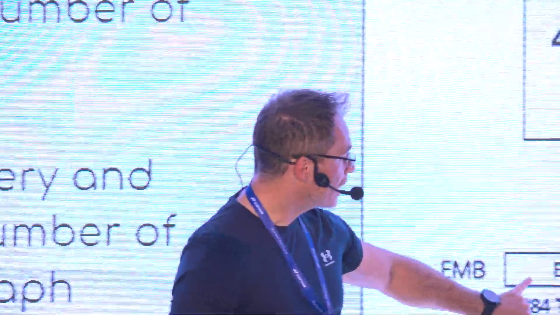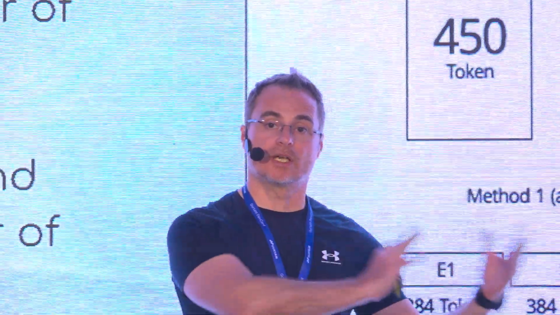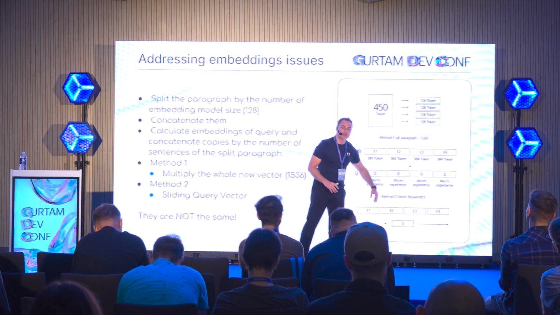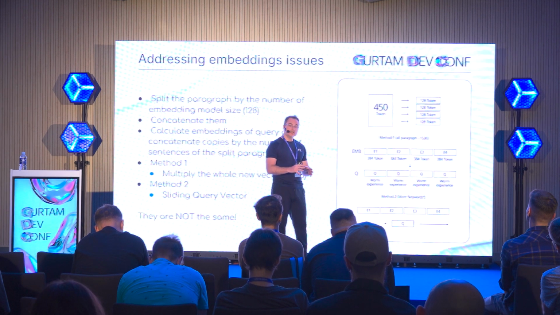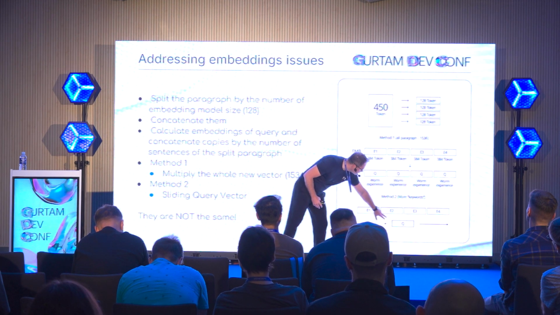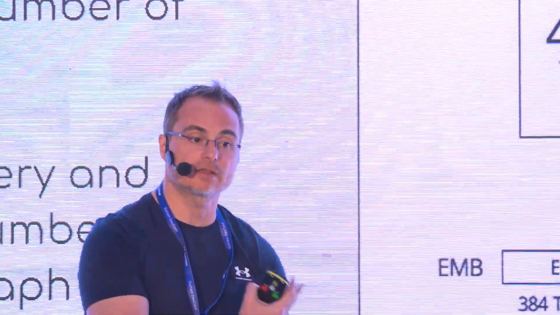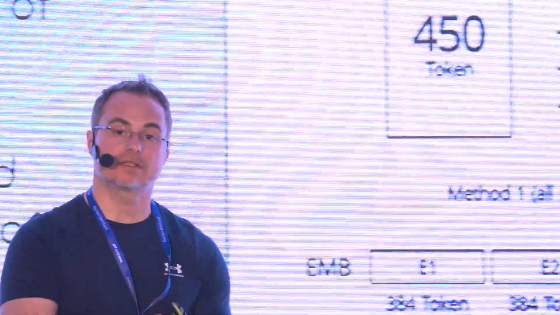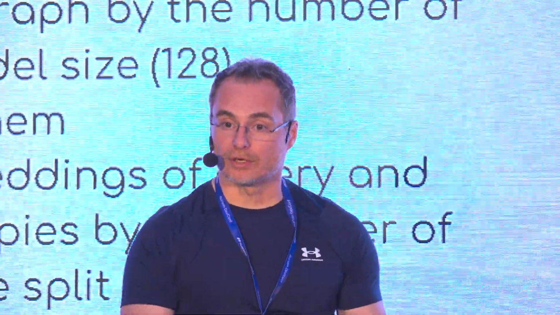What you can do is compare this matrix with method number 1, the sliding window. If you use the sliding window, you compare the query with the first paragraph and you get the score, the query with the second paragraph and you get the score, and then you take the best score overall.